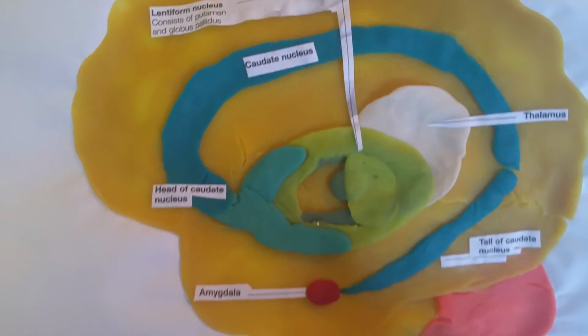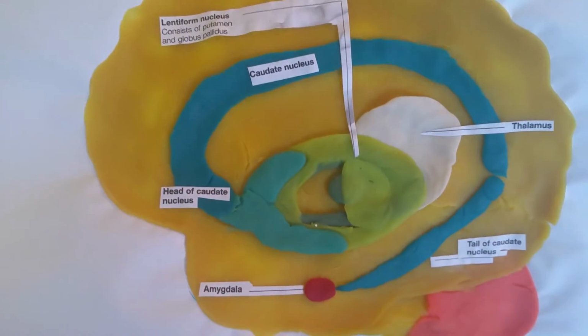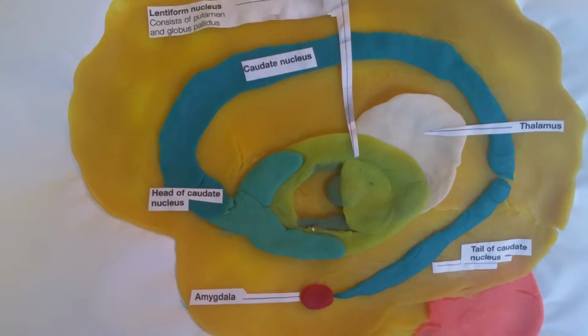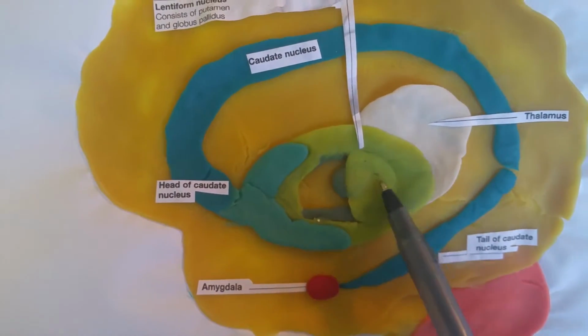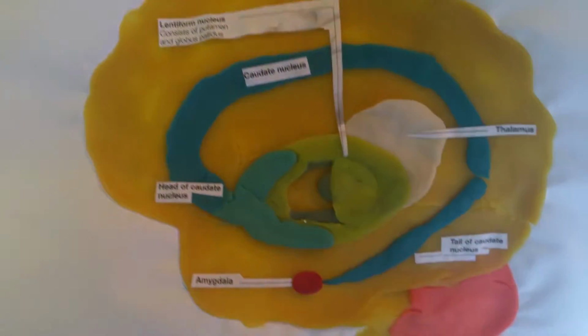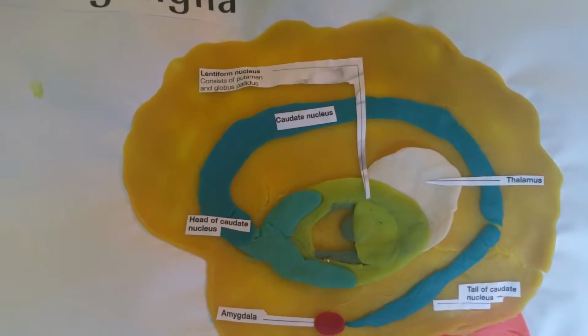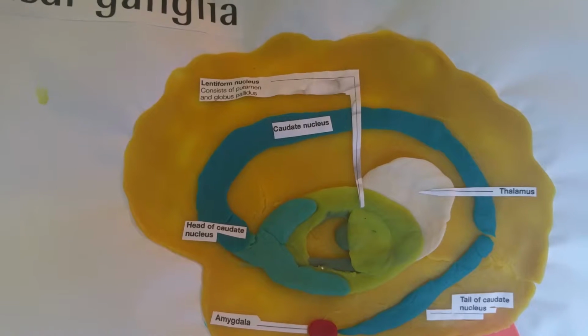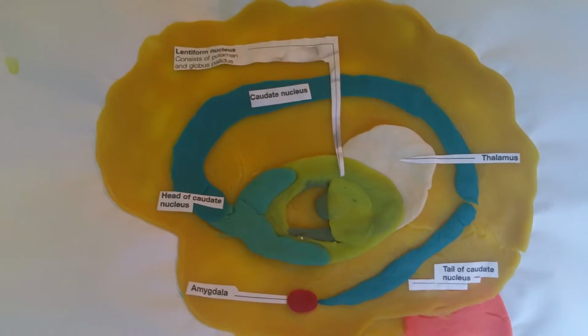Okay. And then I tried to do a multi-dimensional view of the putamen, along with the globus pallidus, which is here. The globus pallidus relays information from the putamen to the midbrain, also known as the substantia nigra.